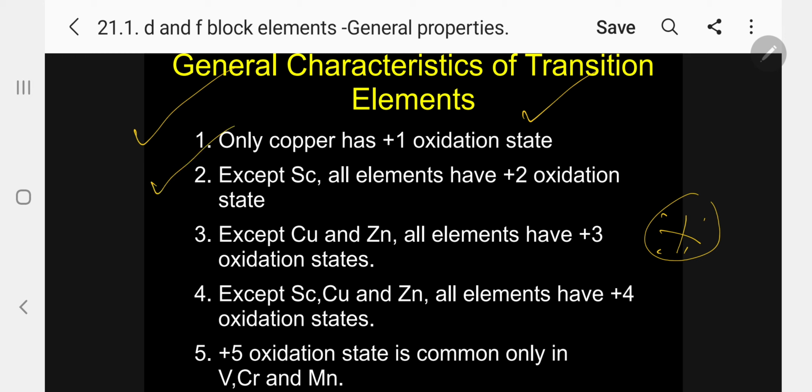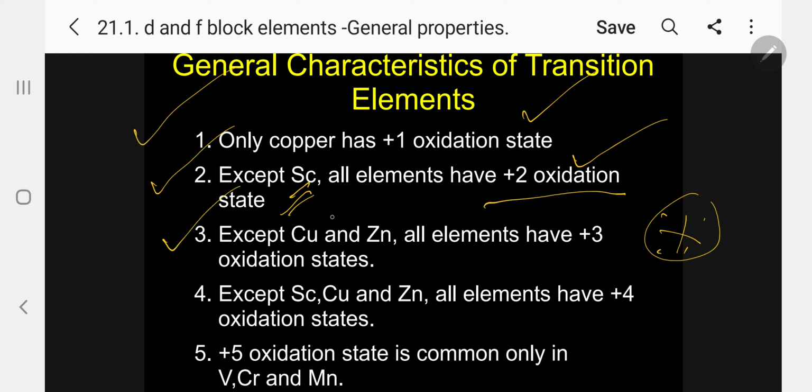Except scandium, the first element of the first transition series, all the elements have the +2 oxidation state. So +2 is common in all the elements of the first transition series.